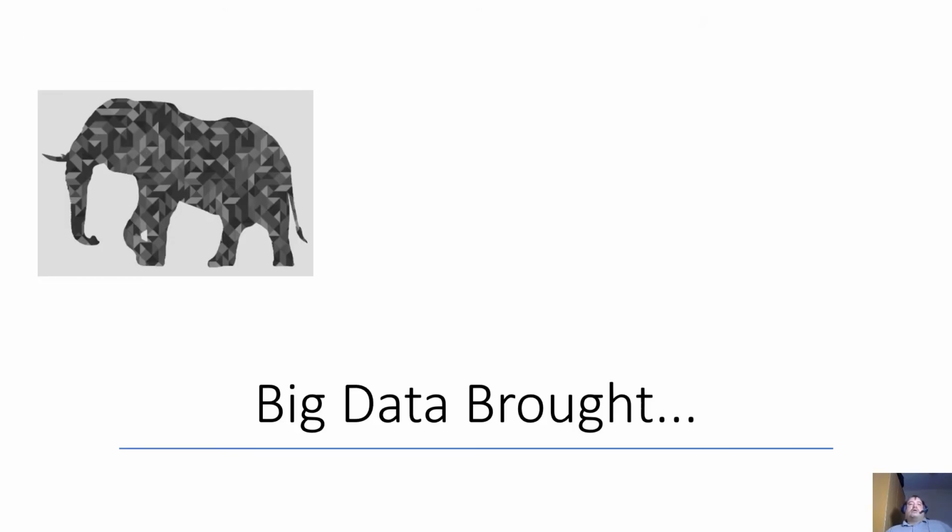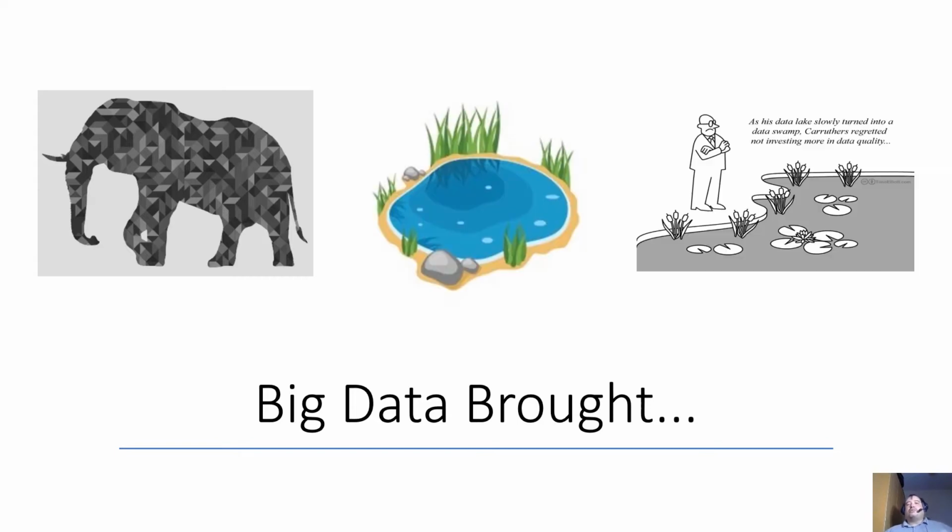So we got big data, and big data brought what? Big data brought data lake. Why? What's the relation? The concept is very simple. Big data is so big that we can't keep moving it from one place to another to process it.